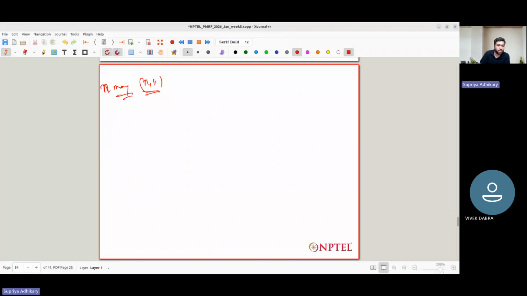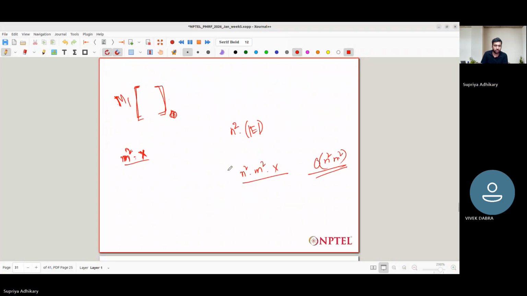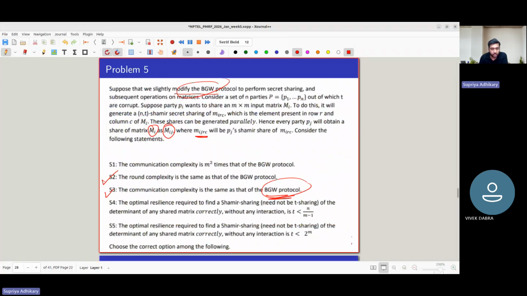So if we multiply m many NT shares, that will give us an n comma MT share. Now, the question is that without any kind of interaction, the determinant of any shared matrix can be computed correctly.